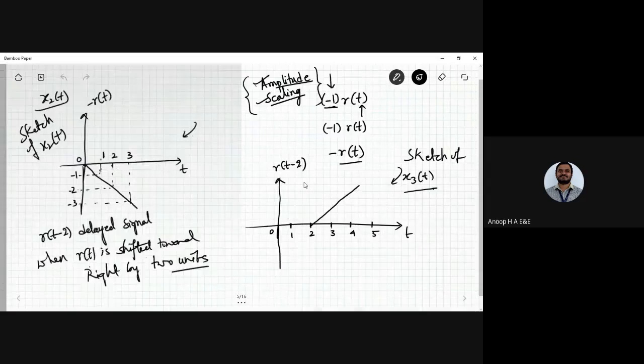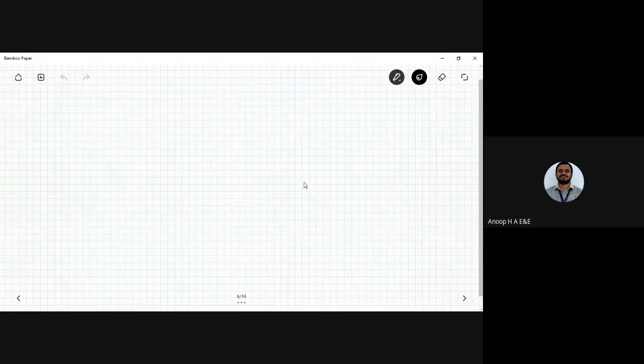Let me redraw all the signals at once. So that would be minus 1, this is 0, this is 1, this is 2, this is 3. So this is r of t plus 1.